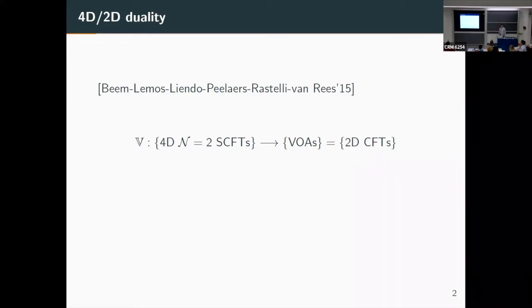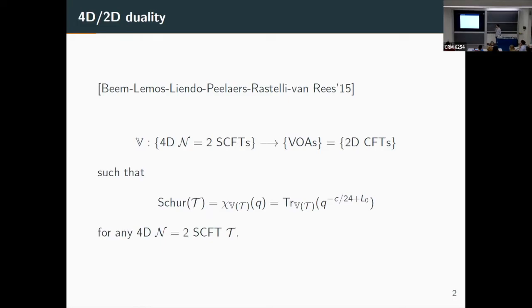Originally, this map or functor was designed to do the following. There's an important invariant called the Schur index in 4-dimensional theory, which is a certain q-series. And if you use this map, you can compute this q-series as the character of the corresponding vertex operator algebra.